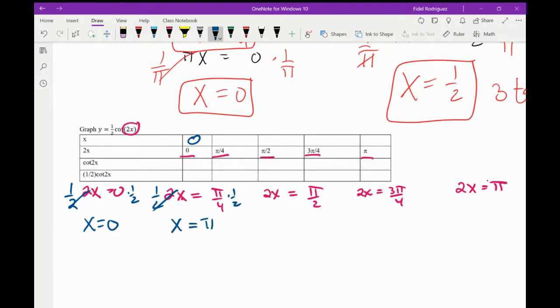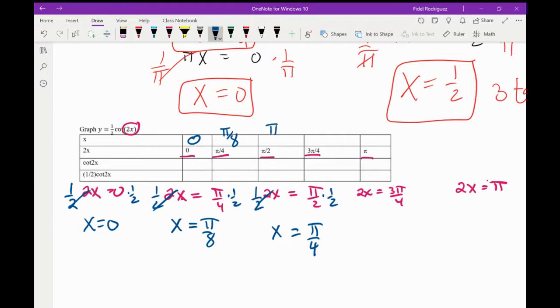What's that, pi/8? So 1/2 and 1/2. Everybody agree pi/4?